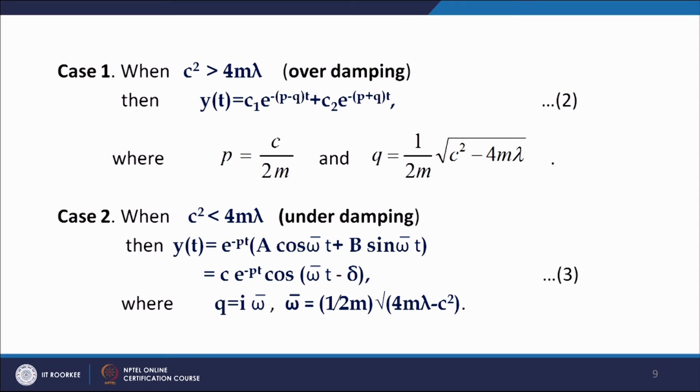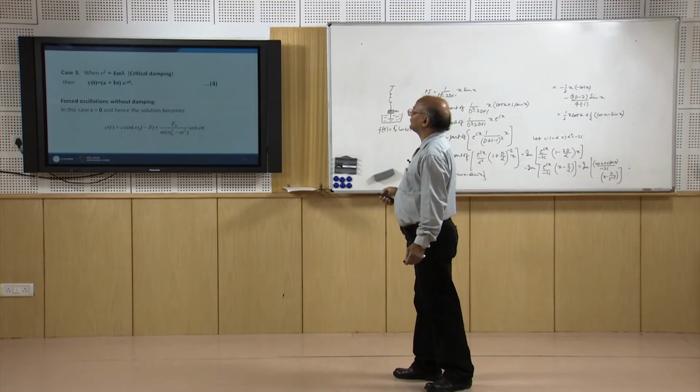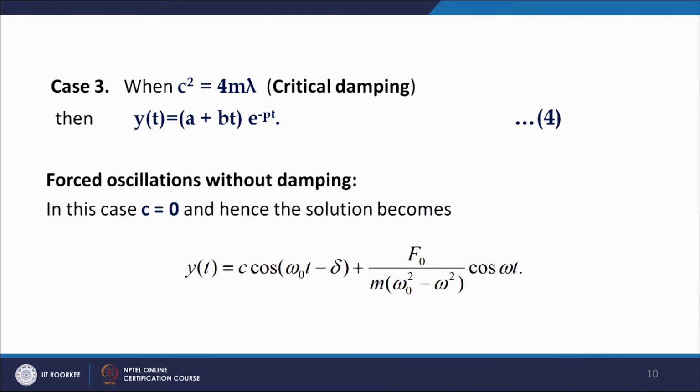Then we had the second case, c square less than 4 m lambda, which was the case of under damping because c is the damping constant. So we had the solution y(t) equal to C e to the power minus pt cos omega bar t minus delta, and q was equal to i omega bar, equal to this. Now in the third case, the critical damping, when c square becomes 4 m lambda, we had y(t) equal to (a plus bt) e to the power minus pt.